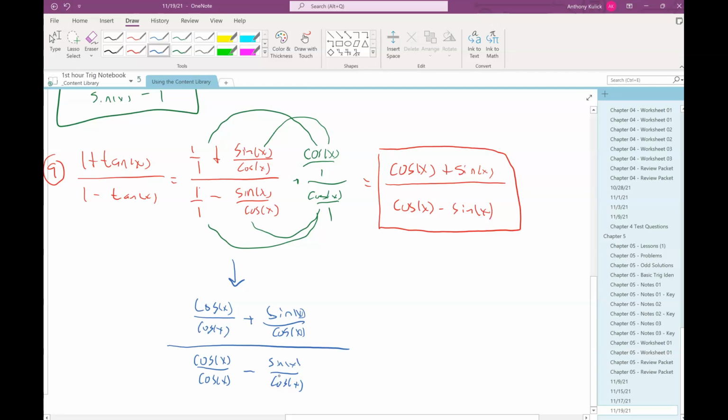Everybody okay with that? We're just making the common denominator. So if we add the fractions then, I'd end up with cosine plus sine over cosine in the numerator, and then cosine minus sine over cosine in the denominator.